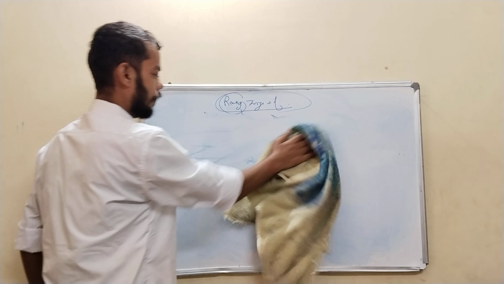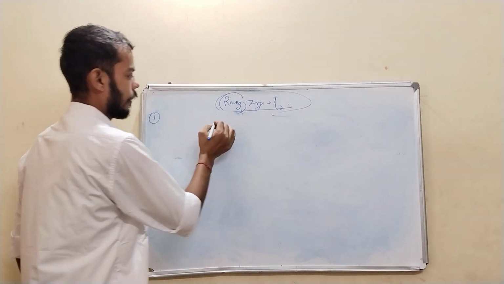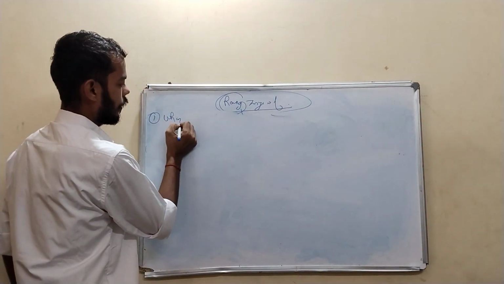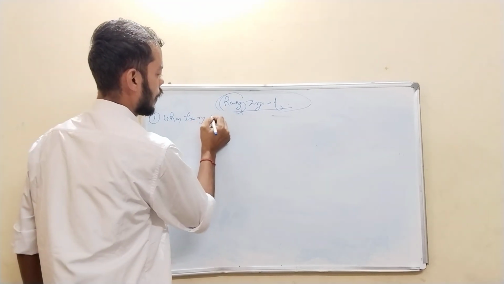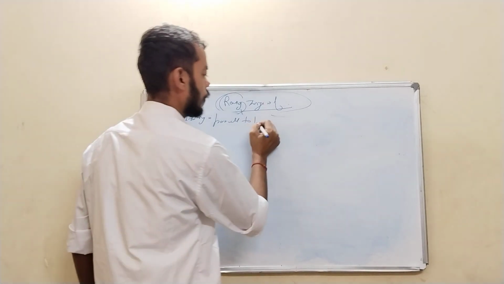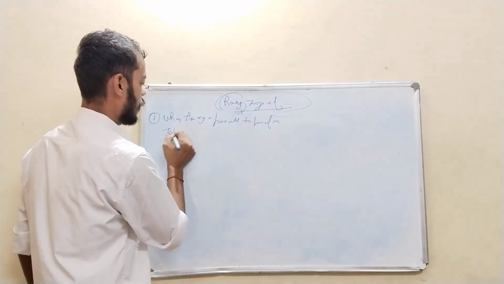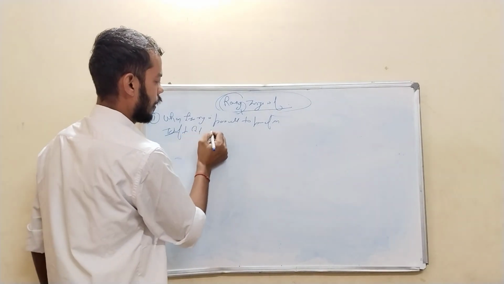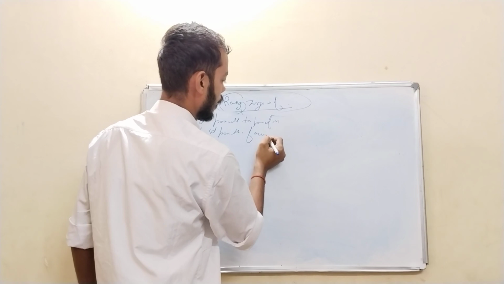There are 3 or 4 rules predefined for forming the ray optics. The first rule is that when the incident ray is parallel to the principal axis of the mirror, after reflecting, it passes through the focus of the mirror.